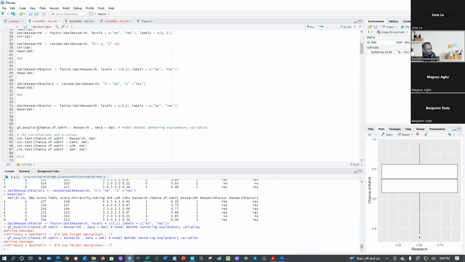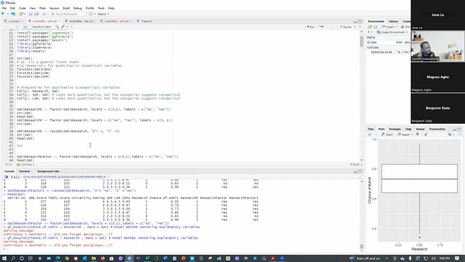You remember Foxplot? Chance of admit by this one, research should split, but it's continuous. Why continuous?